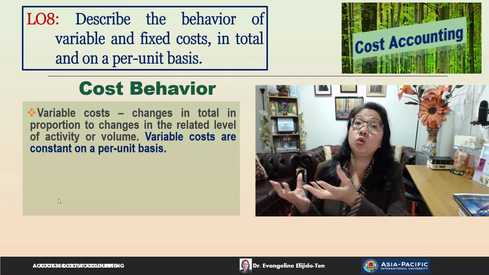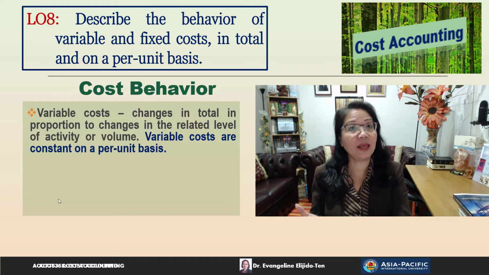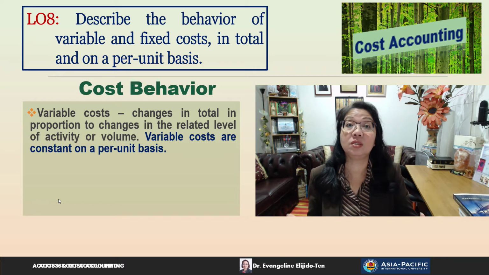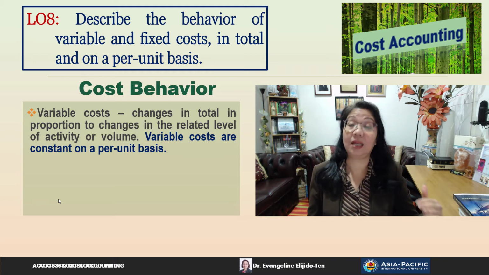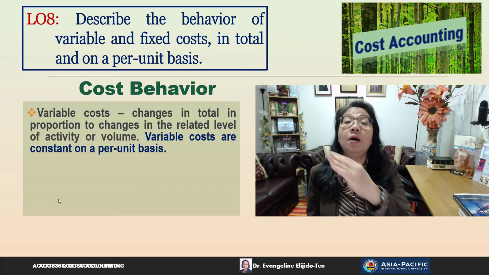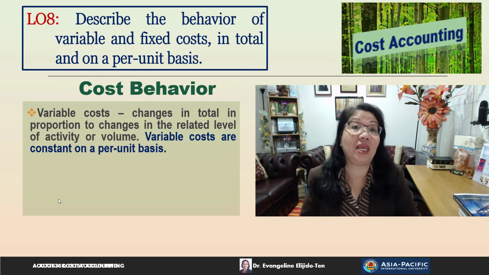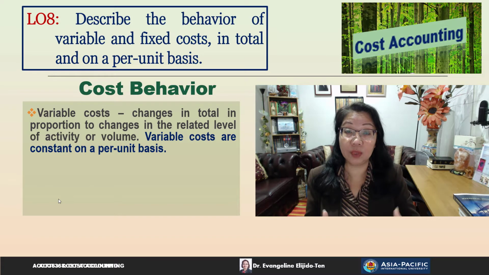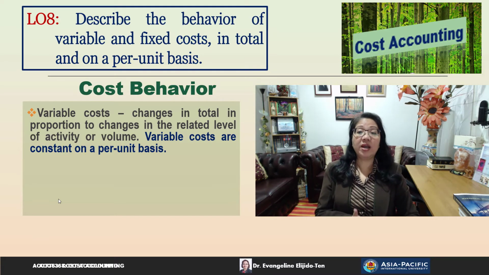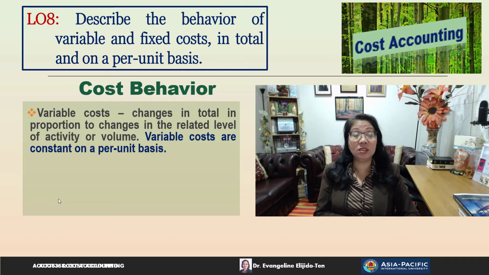But if we produce 100 units, then that means we will be spending $1,000 worth of direct materials. $10 times 100 is 1,000. So this is an example of variable cost because it changes in total in proportion to the change in the volume of production.